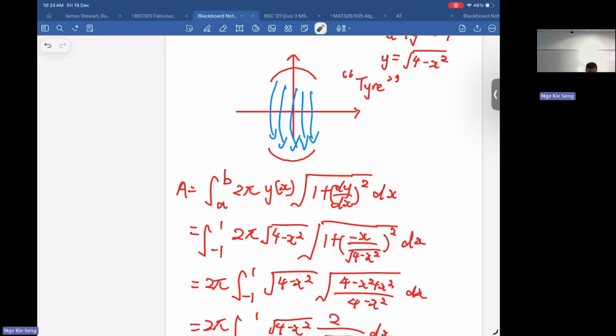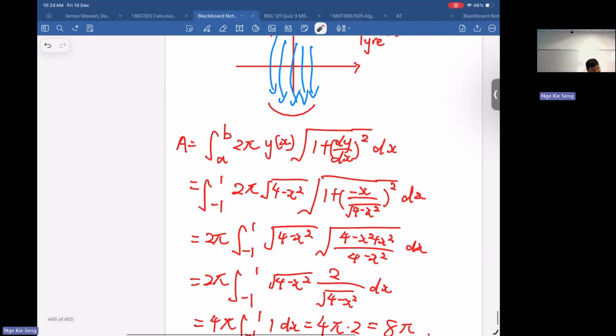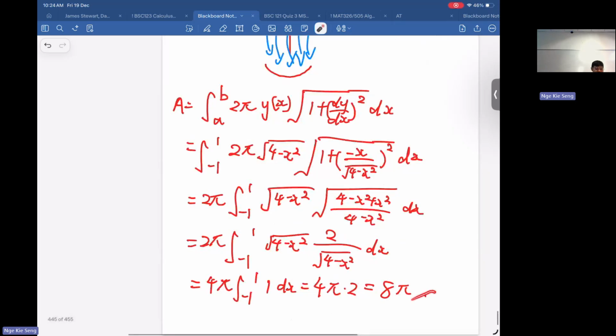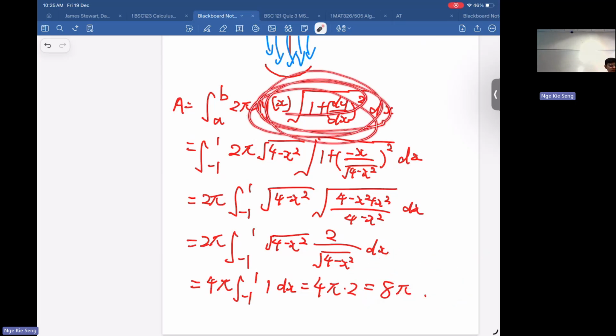What's the radius? What's the height you need to consider? And why are we looking at this formula? I think this is the more important thing. Whether it's 16 pi or whatever pi, it's not very important. The important thing is you need to realize what radius you use and what height you use.